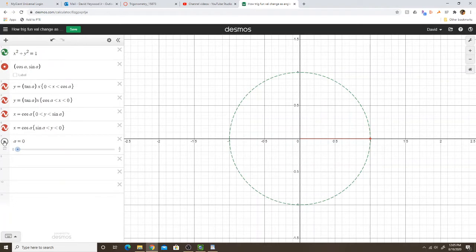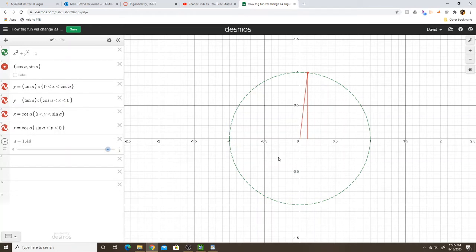Meanwhile, what's happening to cosine theta? Cosine theta is x. Notice that as theta increases, x decreases. So cosine is getting smaller and smaller the larger that theta gets. So as theta increases from 0 to 90 degrees, sine theta increases, but cosine theta decreases.